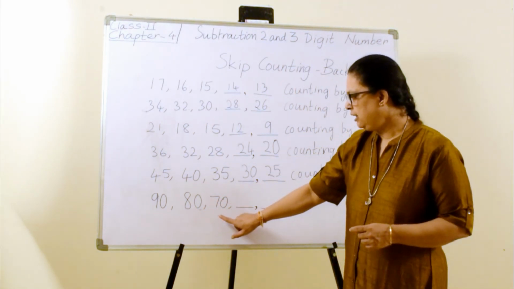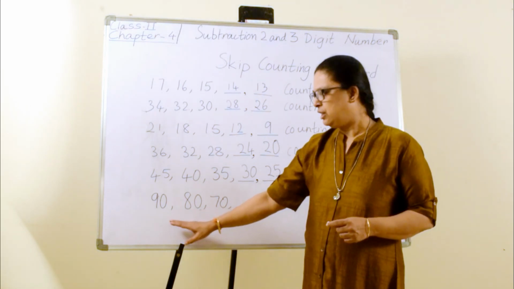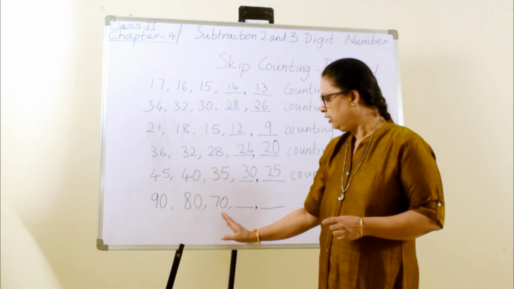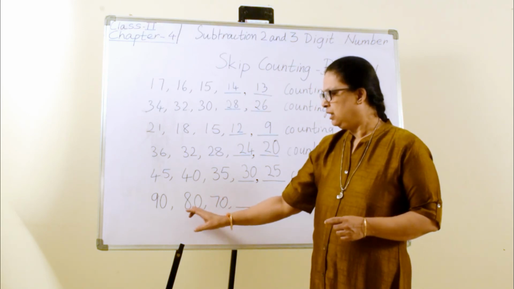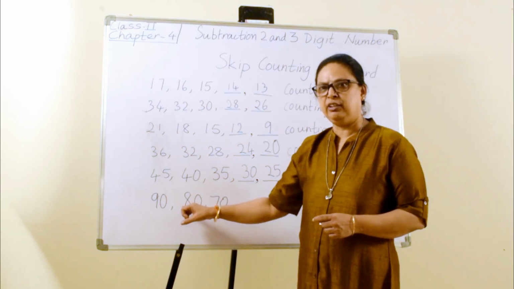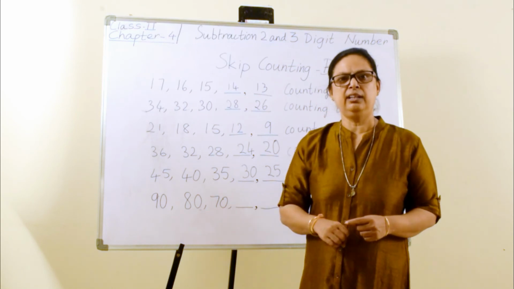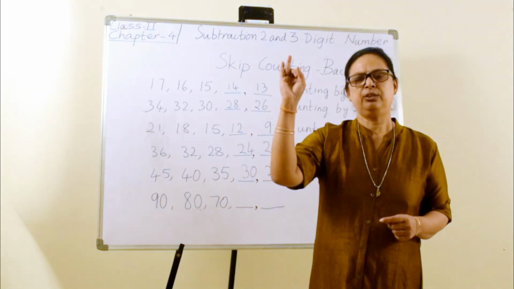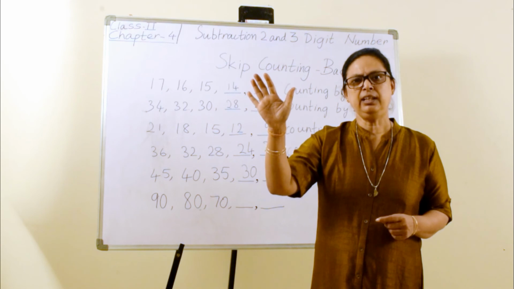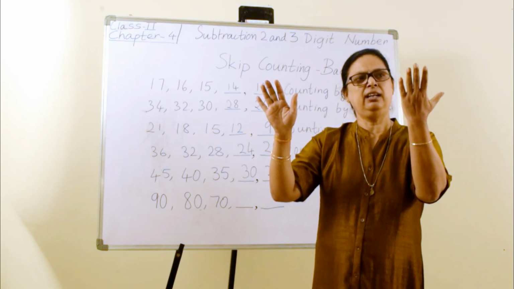Now let us look at the last one. 90, 80, 70. This is coming backward, right? If you want to know the difference, you can also count backward, or from the last number here, count to the forward number that is given. Then you will understand the pattern over there. So after 70, let us count till 80. 71, 72, 73, 74, 75, 76, 77, 78, 79, 80.